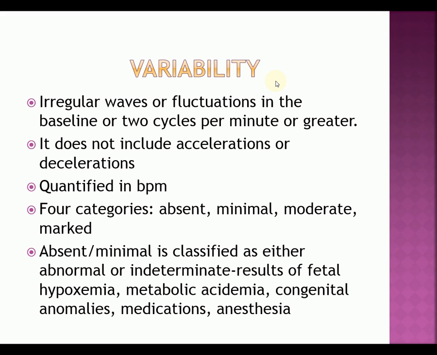So basically variability is irregular waves or fluctuations in the baseline, 2 cycles per minute or greater. It does not include accelerations or decelerations. And again, you don't know what those are because we haven't gone over them, but we will. It's quantified in beats per minute.